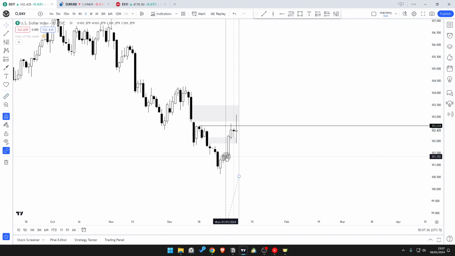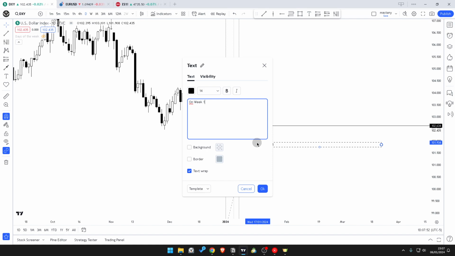So I think that engaging in the first half is always better on NFP weeks, because on week one we always have this kind of candlesticks that are mainly, I'm going to write on week one of any candlestick.